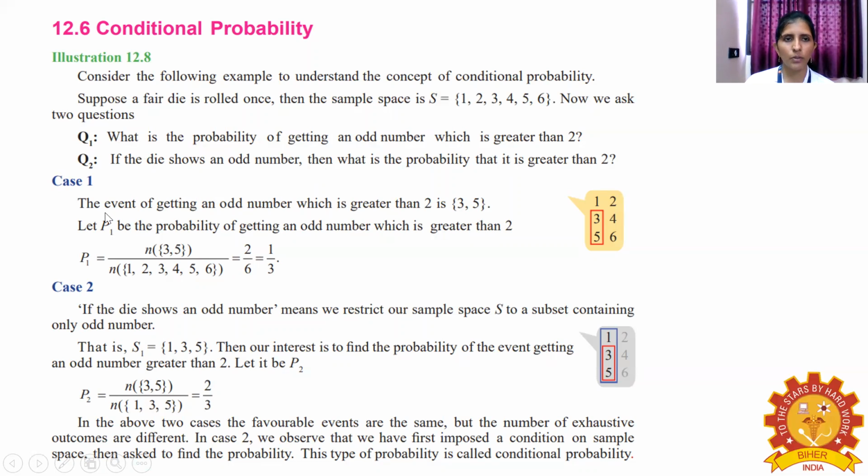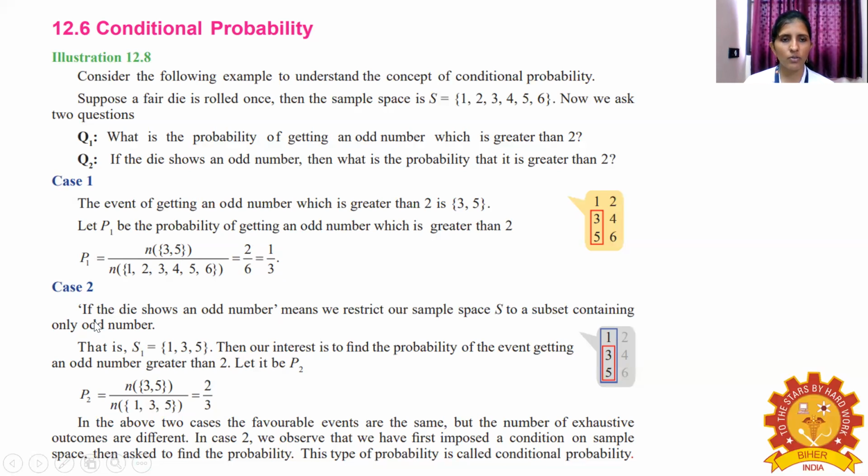In the first case, let P1 be the probability of getting an odd number greater than 2. P1 is equal to n of {3, 5} divided by the total number of sample space, which is 2 by 6, and simplifying we get 1 by 3.